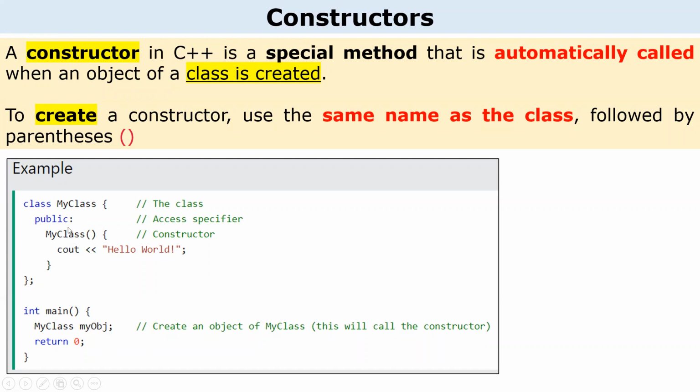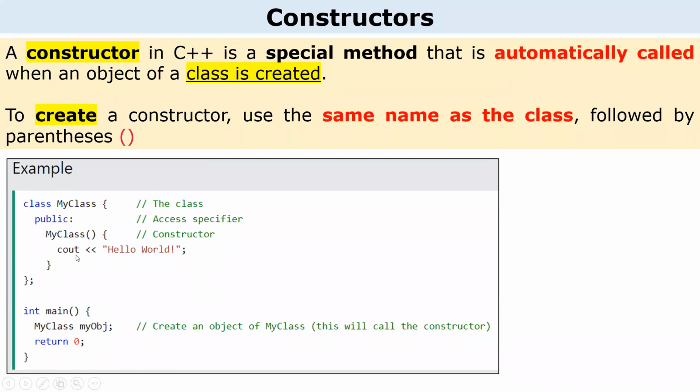Look at the method here. Only the name of the class is available: MyClass, with opening and closing round brackets. No return type here. Don't use a return type with the constructor. If you accidentally use a return type, then it is wrong. Just give the name of the class. The name of the class and the constructor must be the same.